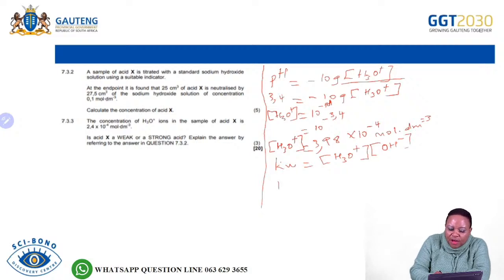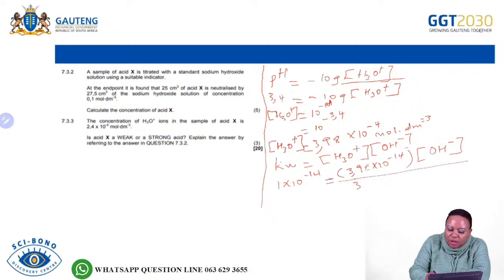Therefore, the value of Kw is 1 times 10 to the exponent minus 14. We already know the concentration of H3O+, but we don't know the concentration of hydroxide ions.